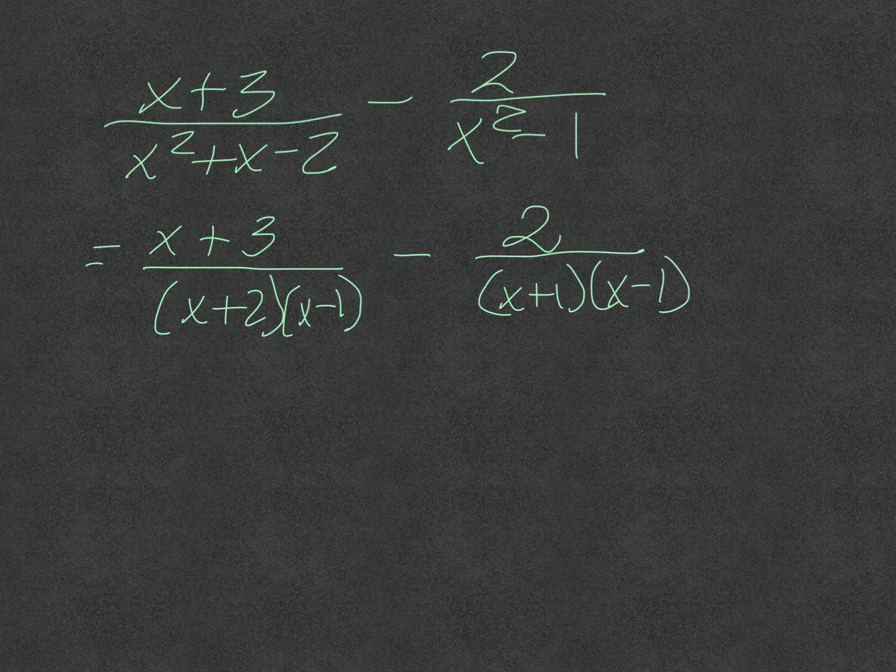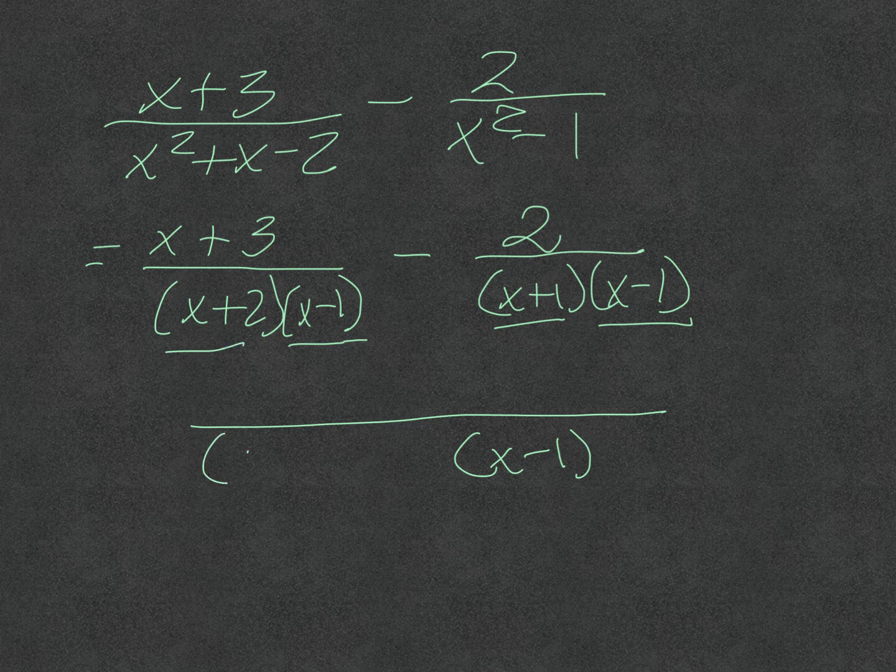And so what we see is both of these have an x minus 1, so that's in the denominator. And then we need the other factors as well, so x plus 2, x plus 1, all raised to the first power, so there's our common denominator.